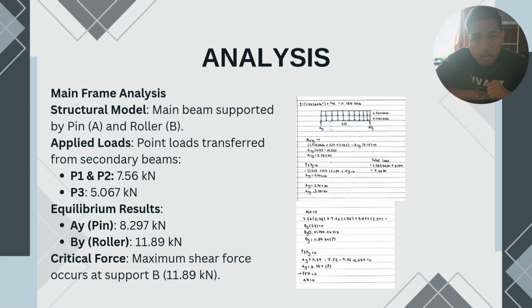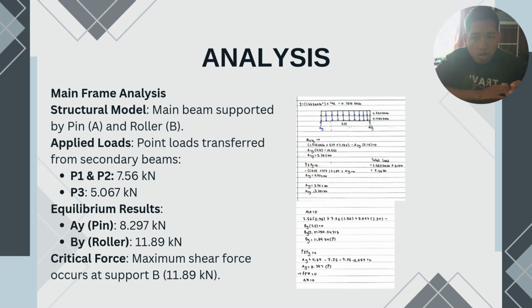Next is the main frame analysis. Our structure is modeled as a main beam supported by pin A and roller B, and it applies point loads transferred from the secondary beams. Point 1 and point 2 are 7.56 kilonewtons, and point 3 is the H beam, which is less than point 1 and point 2, at 5.067 kilonewton.